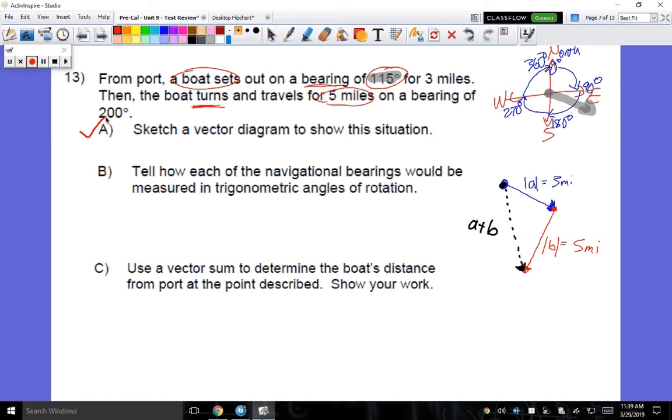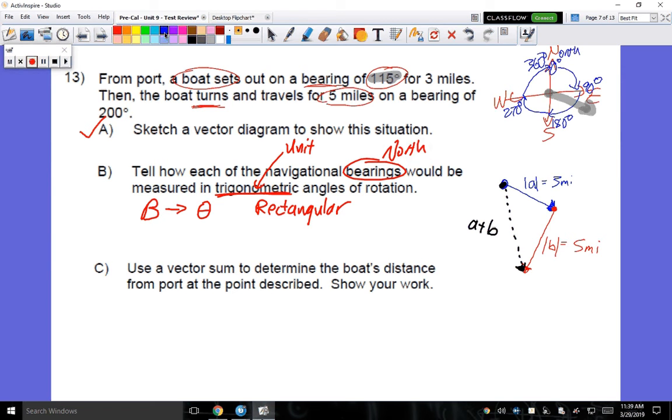Now let's tell how each of the navigational bearings would measure in trigonometric angles of rotation. So we're trying to change bearings over to the trigonometric, otherwise rectangular or rotational angles. So this right here is the unit circle, and this right here is the North Star representation. Okay? So how do I change from one to the other?